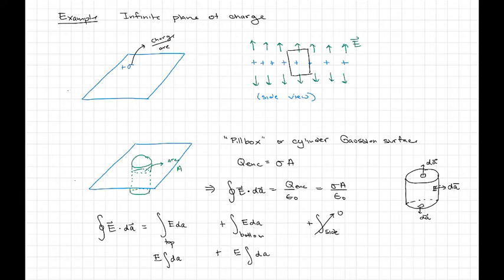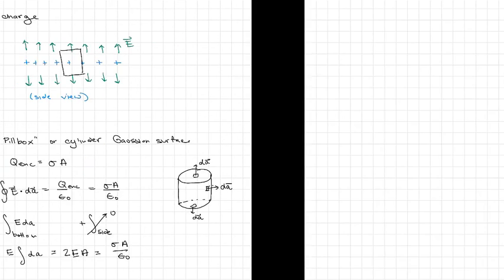The areas are the same for both of these, and so I end up with just 2EA, and all of this is equal to sigma A over epsilon naught. So if I put this all together, then I get 2EA is equal to sigma times the area over epsilon naught. I can use this to solve for the electric field.